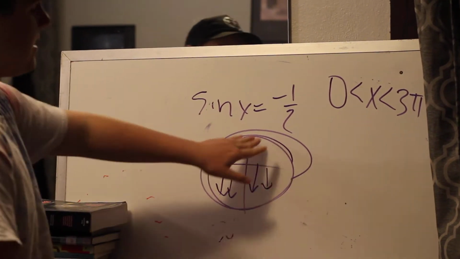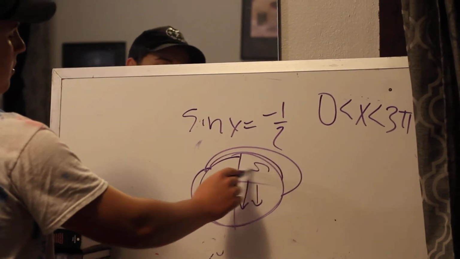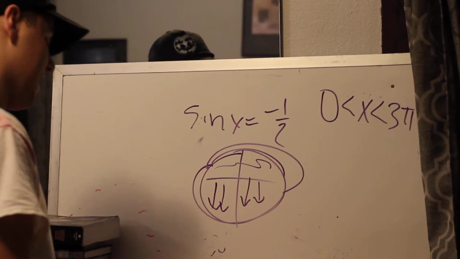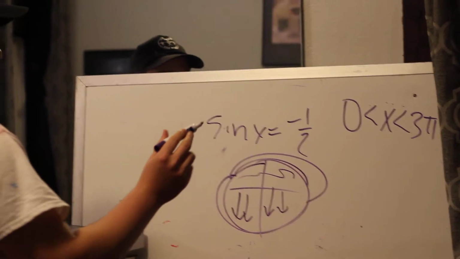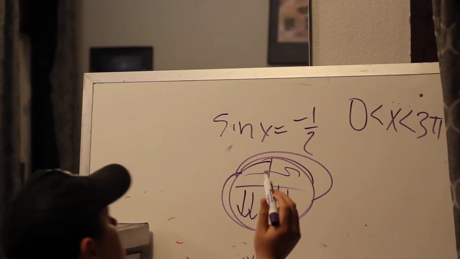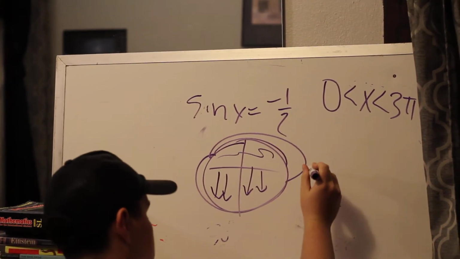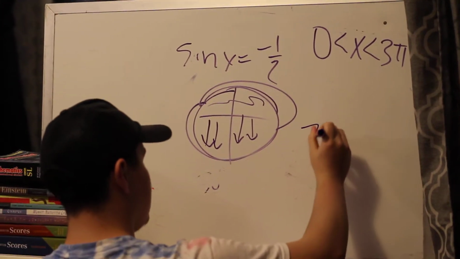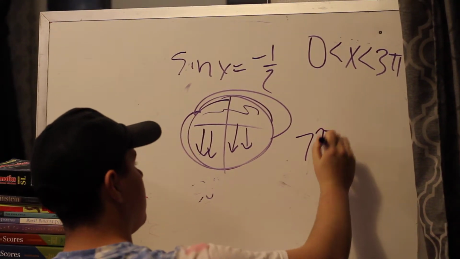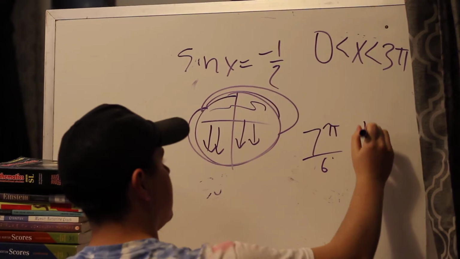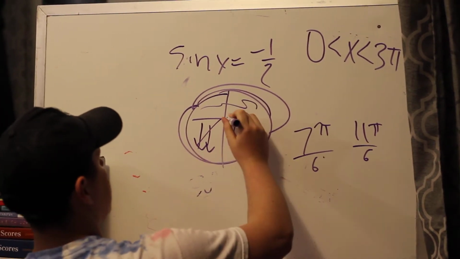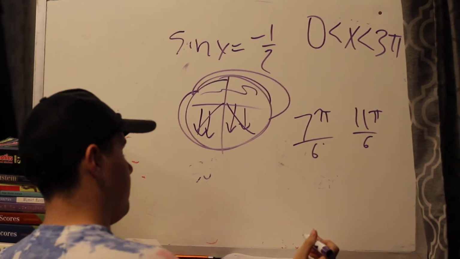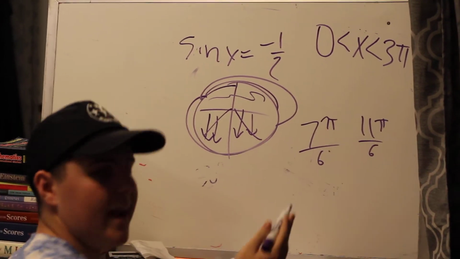So we don't even need that half a rotation up here. Those values in radians are going to be 7 pi over 6 and 11 pi over 6 here and here. With our domain, these are the only answers.